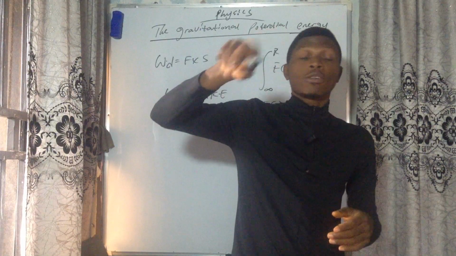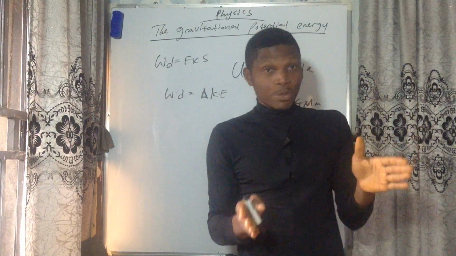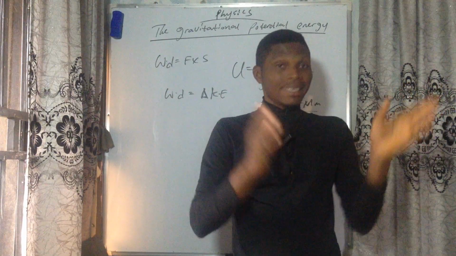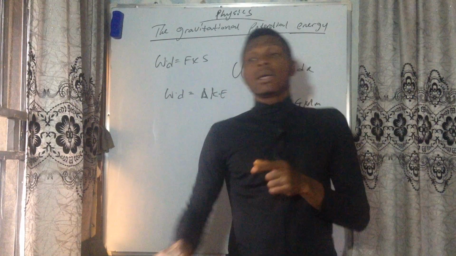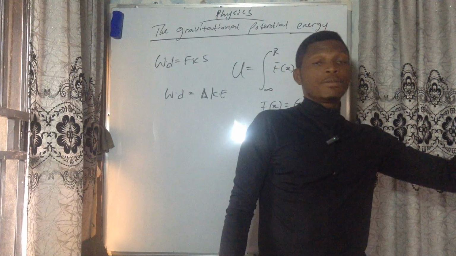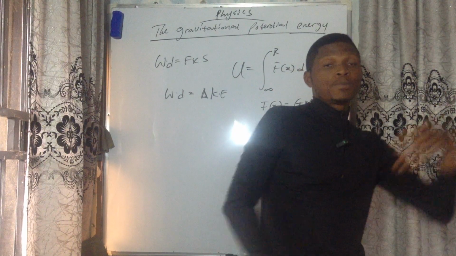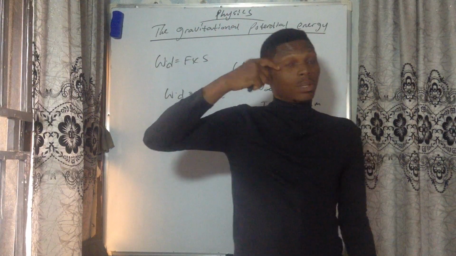The work done is independent of the path taken by the particle. You will not say that because the particle took one path, the work done is lesser than if the particle took another path in the gravitational field.